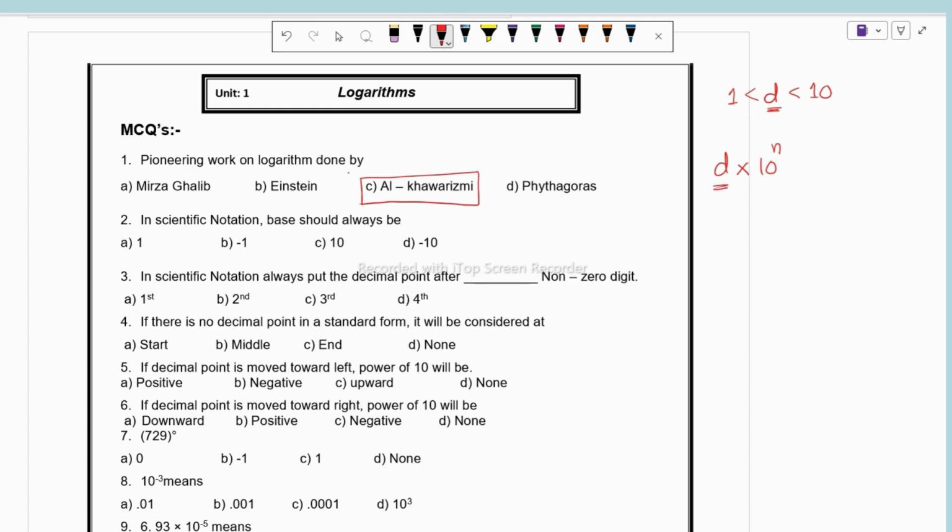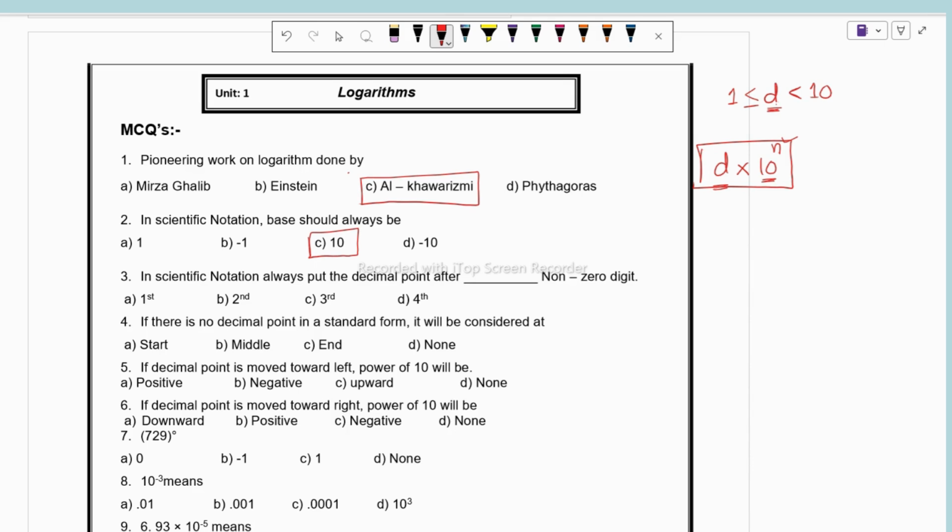Here, d must be greater than or equal to 1 and less than 10. Then such a notation is called scientific notation. So here you see that the base of the power is 10. So that's why MCQ number 2's answer is C.